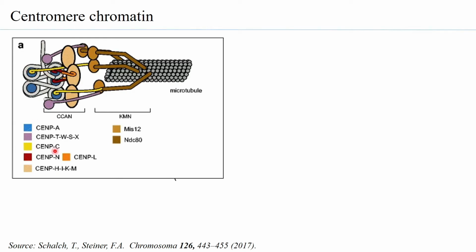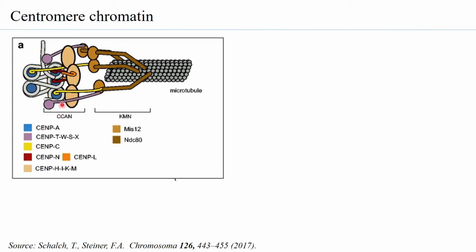Centromeric protein C is bound at one end to CENP-A, while the other end is bound to molecules that form the outer kinetochore complex. This is very interesting. It is not just interacting with CENP-A, but also with proteins like NDC80 and MIS12 that form the outer kinetochore complex.